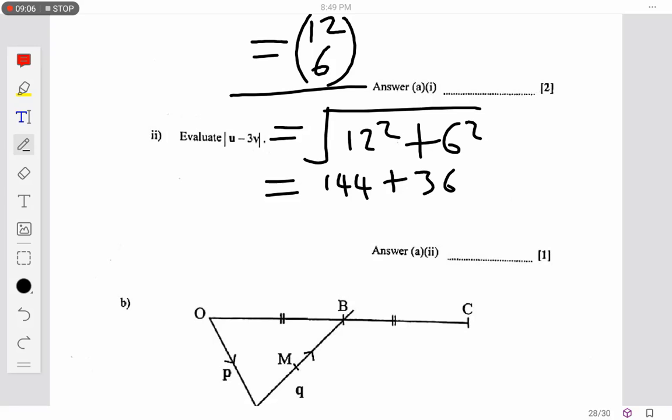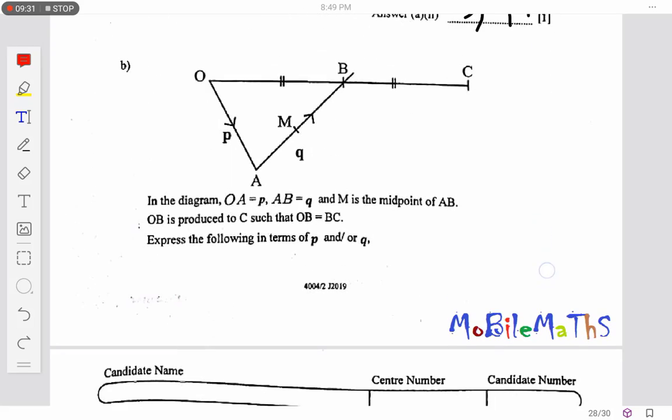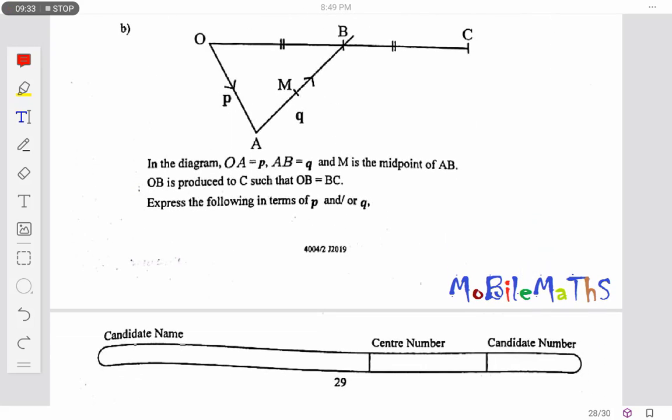So 144 plus 36, we are going to get 180 there. So basically we are looking for the square root of 180, which is 13.41, or else you can leave it like that depending on the answer. Okay, it's still correct.